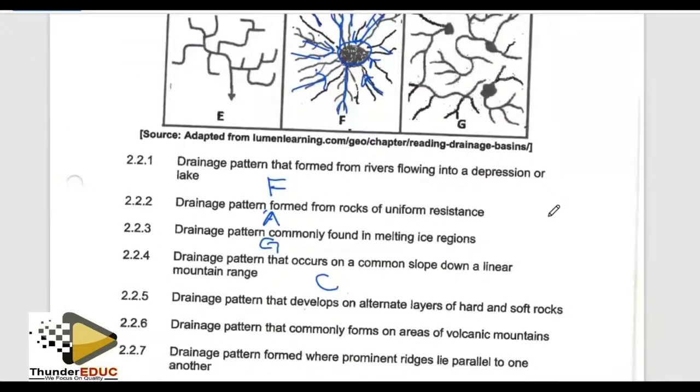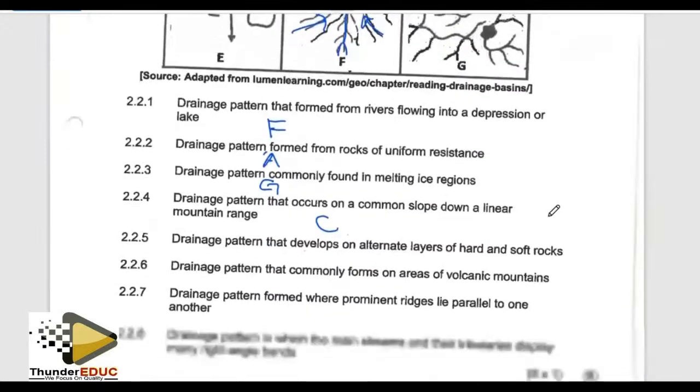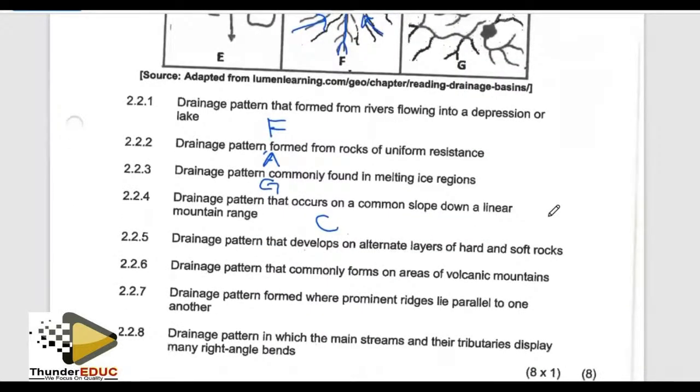Okay, 2.2.4, a pattern that occurs on a common slope down a linear pattern. Sorry, 2.2.5, a drainage pattern that develops on alternate layers of hard and soft rocks.